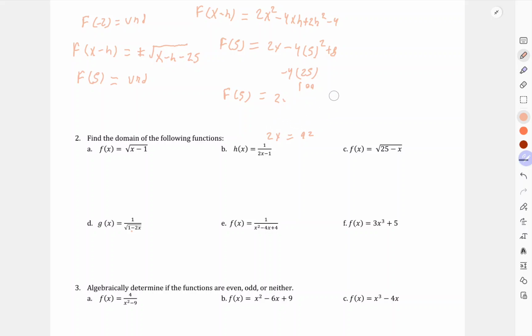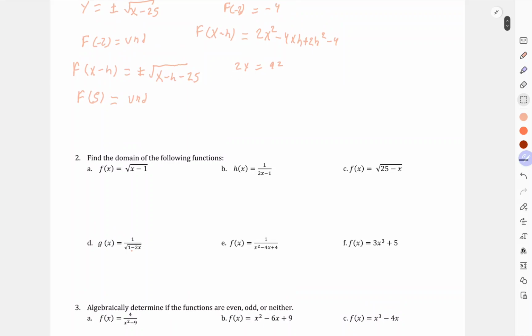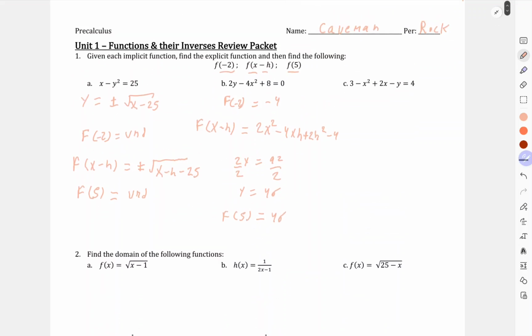Let's get all of this clutter out of the way. Get this up here. Okay, 2y equals 92, and when you do this, it's just divided by 2, divided by 2. And 92 divided by 2 is just 46. So y equals 46. And when that equals 46, you just write it as the final answer, which is f of 5 equals 46, right?